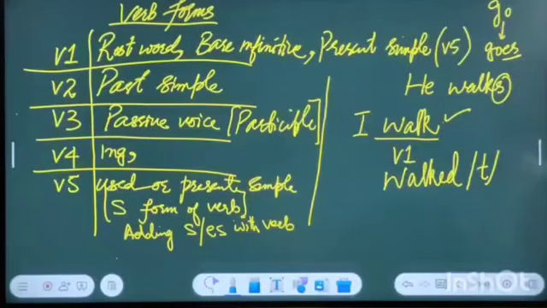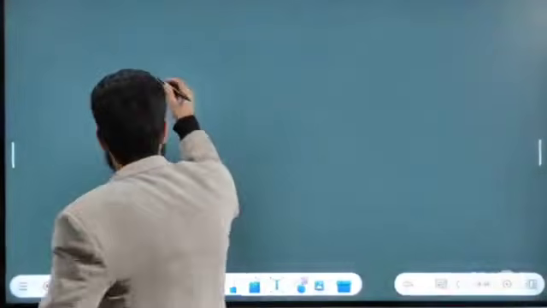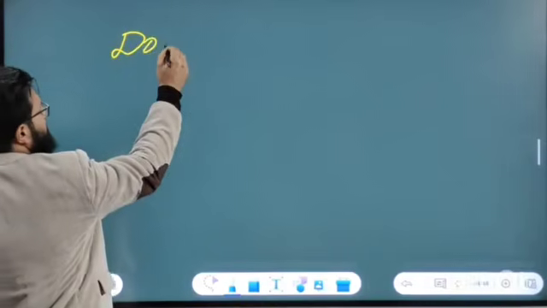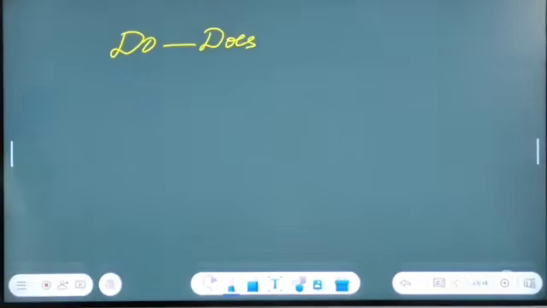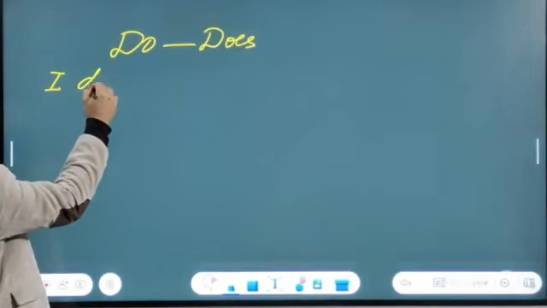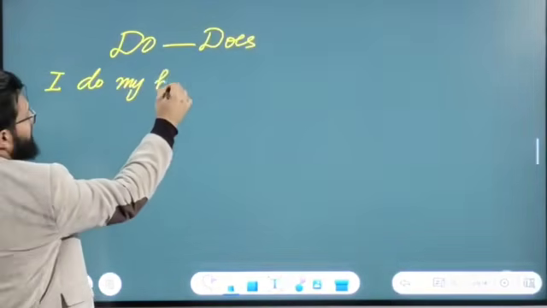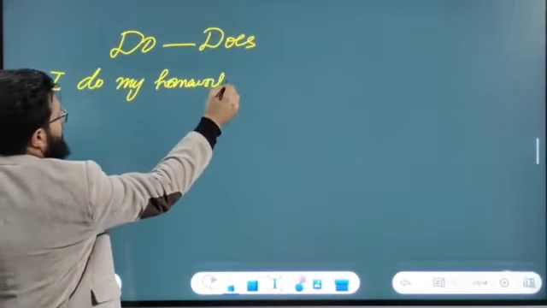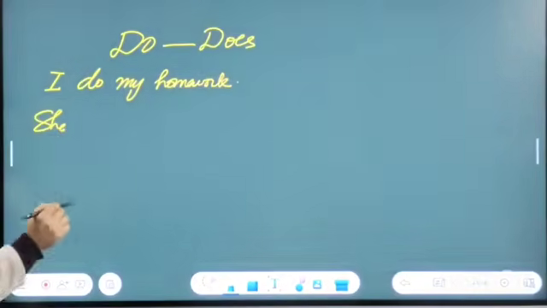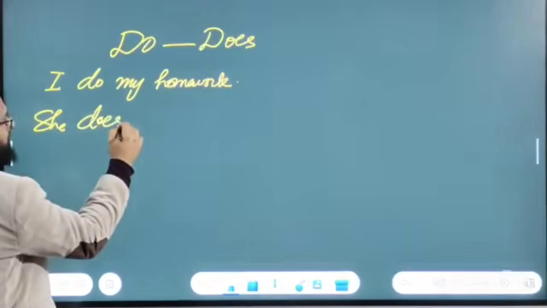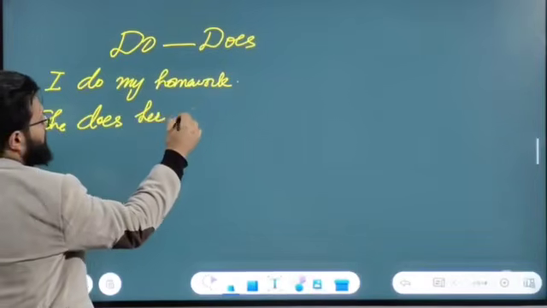We are adding ES with it. Very importantly, what happens with this word? Do. Does. I do my homework. What about she? She does her homework.